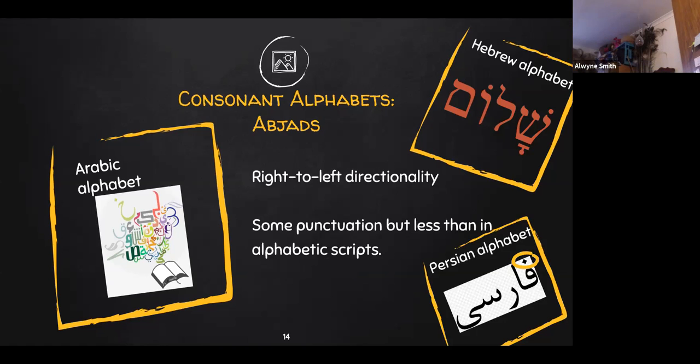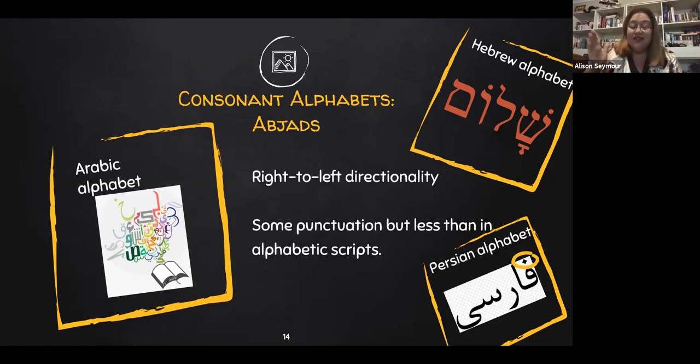Of course, we'll know that the directionality is different to English, so it's right to left. And while they do have some punctuation, it is less than in alphabetic scripts. I don't know if there's anyone here who studies Arabic. I don't think they have capital letters, but somebody might like to chime in on that.